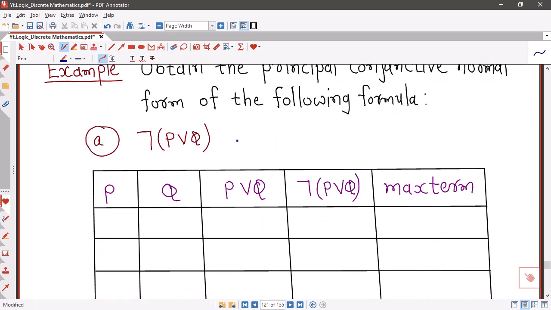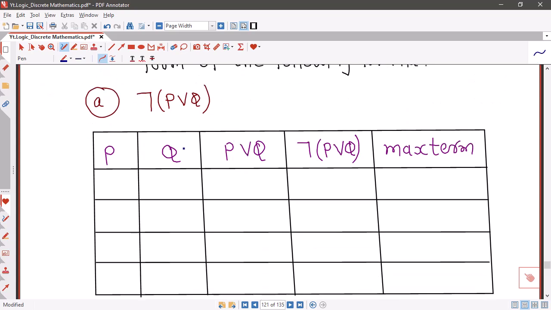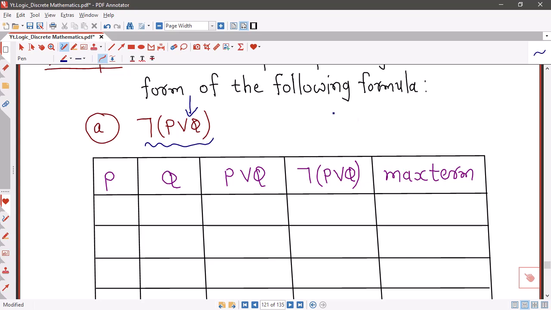So first we start with principal conjunctive normal form. For this, the formula given is negation of P or Q. As we have done in the case of principal disjunctive normal form, first we will write down the truth table for the given formula, and here we have two variables P and Q. Therefore we recall that the max terms corresponding to two variables P and Q will be P or Q, then P or negation Q, then negation P or Q, and negation P or negation Q. So our principal conjunctive normal form will be conjunction of these max terms only.